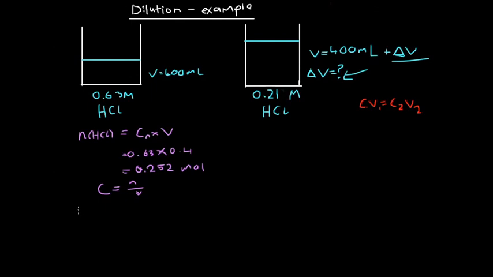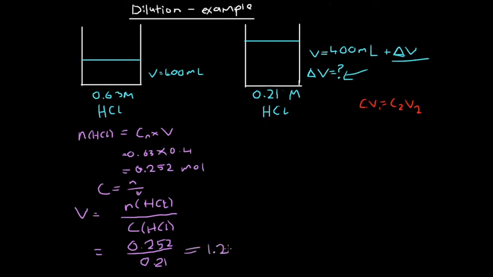Volume is equal to mole of HCl over the concentration of HCl. So this is equal to 0.252, as we worked out above, over 0.21, which we want the concentration to be.